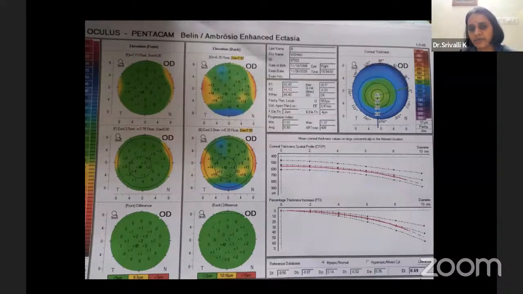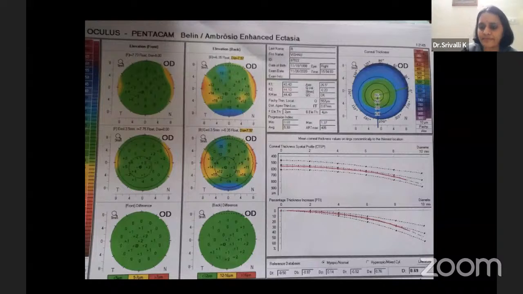So even if you don't remember the whole score part of it, if you don't remember the 0.69 or whatever, just see that and overall you can say this is a normal scan. So that much you should be able to explain.